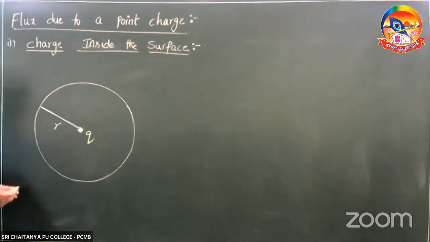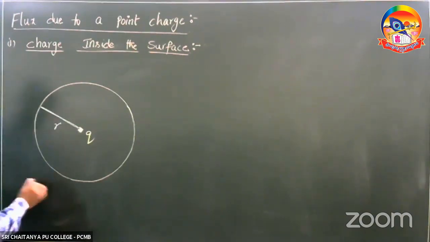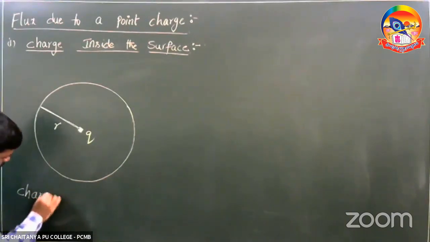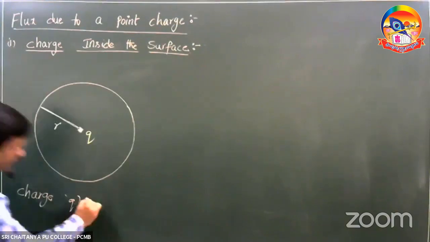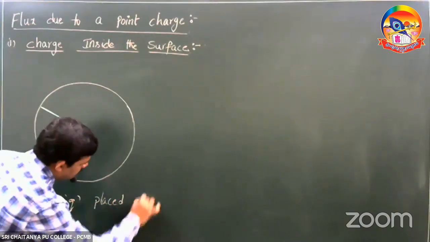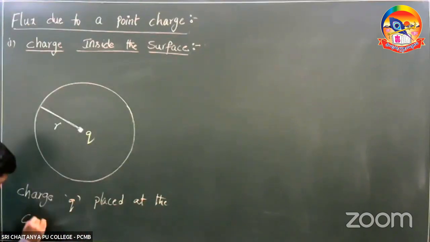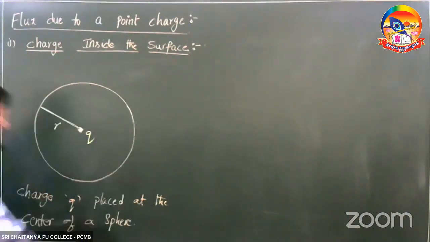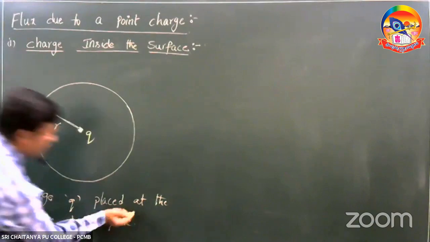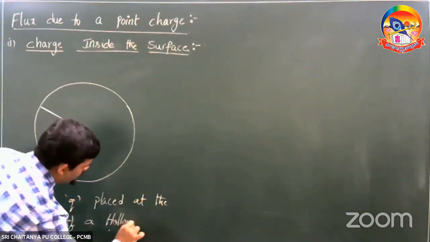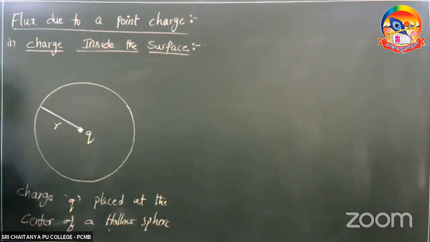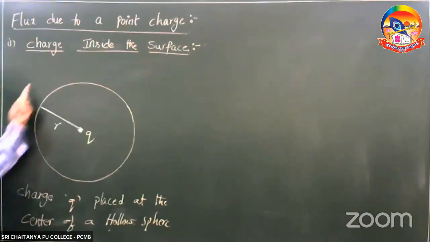So a charge Q is placed at the center of a hollow sphere, so it is completely closed. Then what is the flux through this sphere?